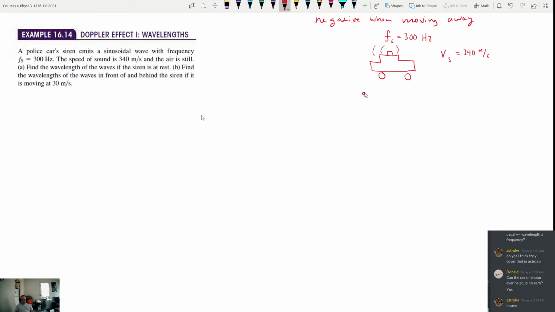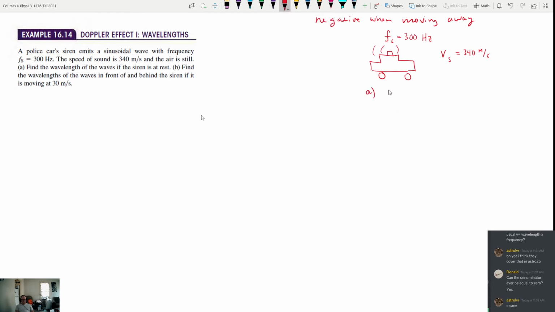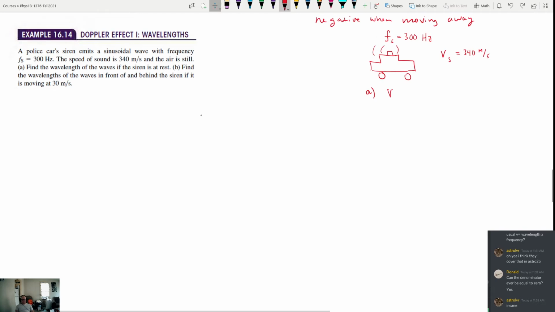Well, that's pretty easy to do, because if the siren's at rest, then for the wavelength of the waves we could just use the velocity of sound. Oops, I didn't mean to do this. This shouldn't be Vs, my bad. Just V. Okay, that's the velocity of sound. Source and sound, it gets kind of confusing, I guess. All right, we want to find wavelength. We can use V equal to lambda times the frequency.